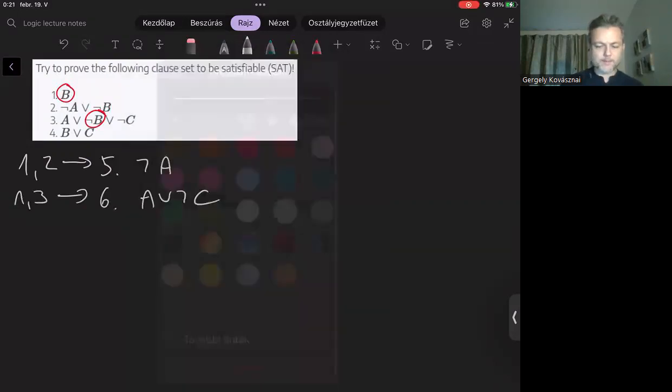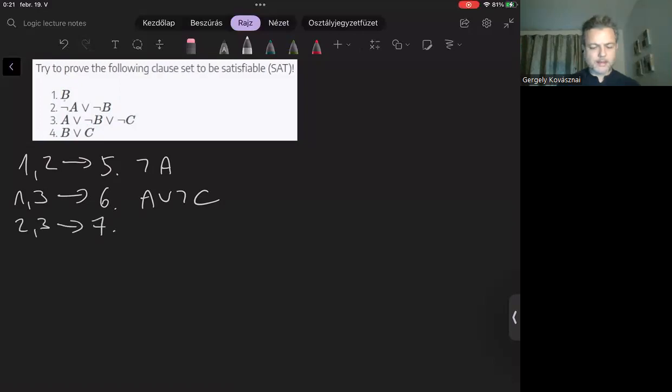Okay, what's next? Let's try to resolve clause number 2 with clause number 3. And yeah, this can also work because of those two literals. And let's see what the resolvent looks like.